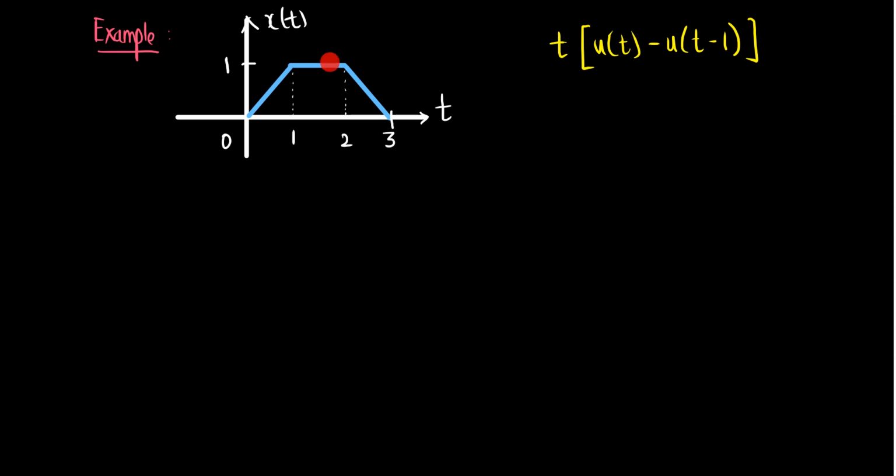Now what about this? This signal also we have already seen, that is a box function, but now instead of being there from 0 to 1, it is there from 1 to 2. So this we can represent as the second function. Let me label those parts.